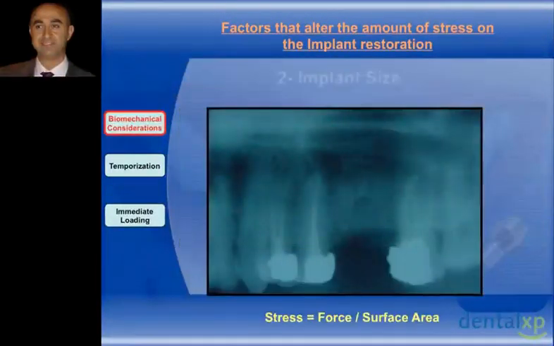Again, cases where we have extracted molars in the posterior maxilla for a while, and then you have the physiologic phenomenon of pneumatization, and then you remain having only 6 to 7 millimeters of bone from the crest of the ridge to the floor of the sinus, and we need to place an implant to restore a missing first molar with a large mesiodistal diameter, which is around 11 to 13 millimeters.